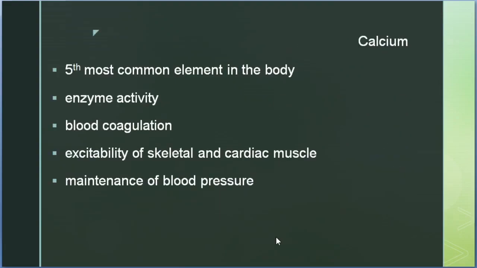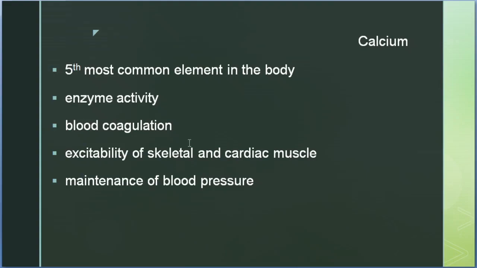Your calcium is said to be the fifth most common element in the body. It is actually involved in enzymatic activity or enzyme activity. Remember that your calcium can also act as a cofactor. It is also part of your blood coagulation system, specifically your blood clotting factor number 4.